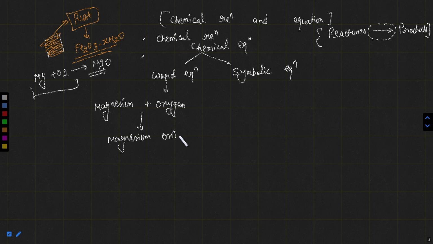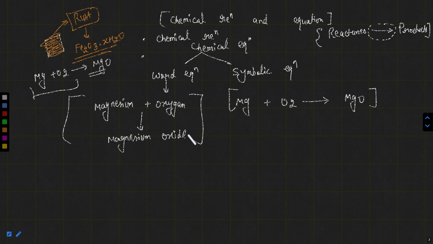In a symbolic equation, we convert the word equation by writing the symbols of elements and compounds on the reactant side and product side. The magnesium symbol is Mg, oxygen is O2, and they react to form magnesium oxide, MgO. This is the symbolic equation, and this is the word equation.